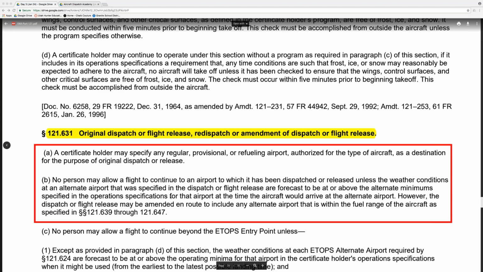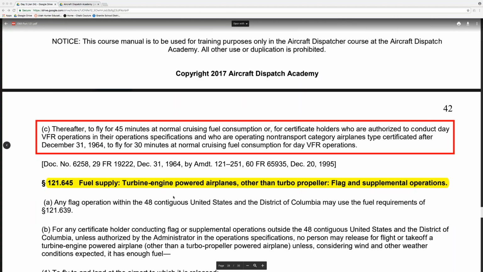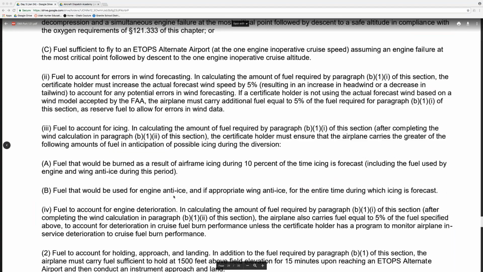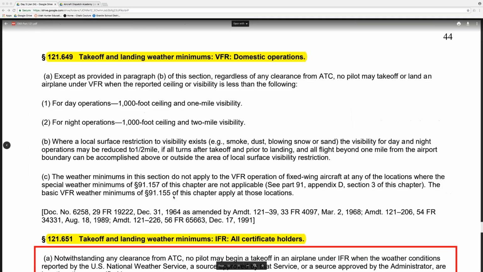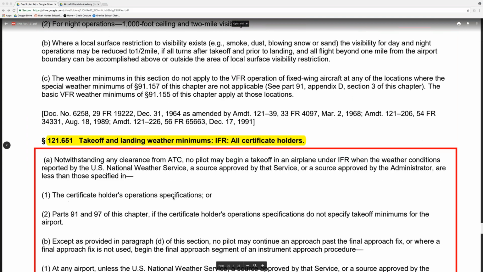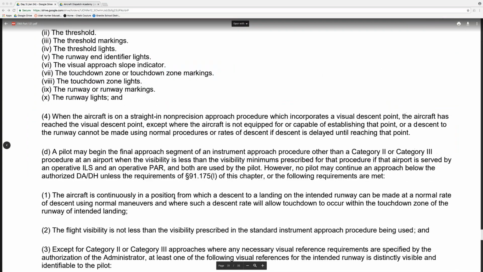So we're still in 121. We are very close to finishing that off. So we left off, we had just read 655, I believe.